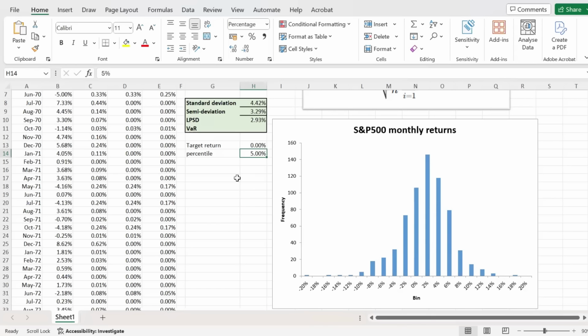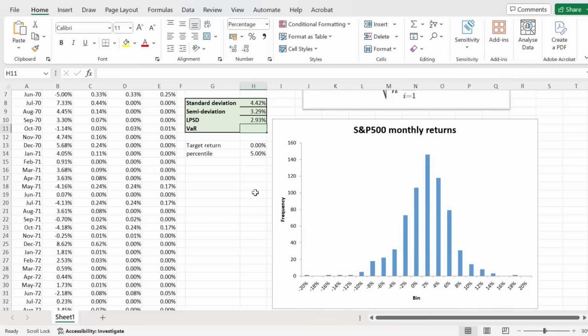So what this means is that on a typical month in the future, what is the return that I will observe with 5% probability, and I'm finding the minimum point, so the return will be either that or worse, okay?